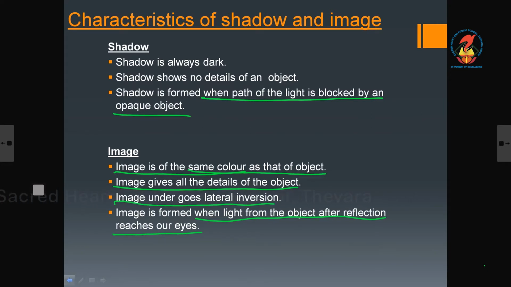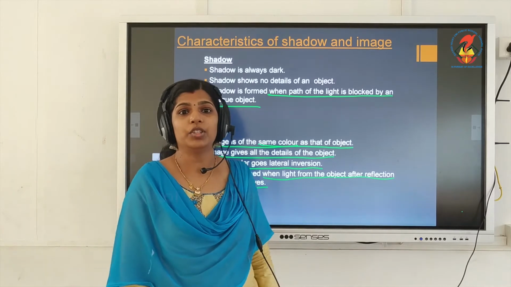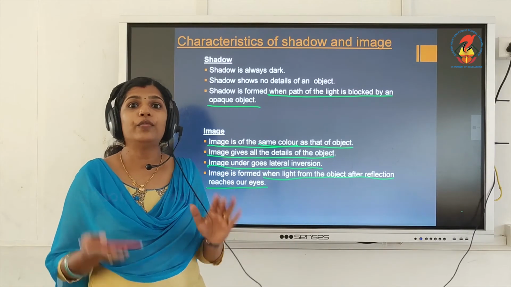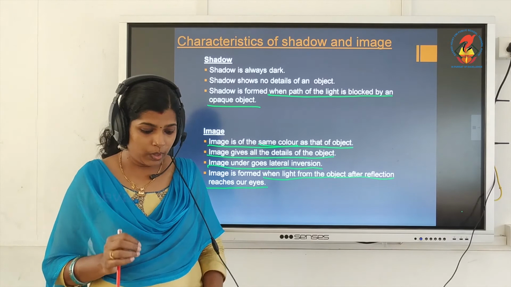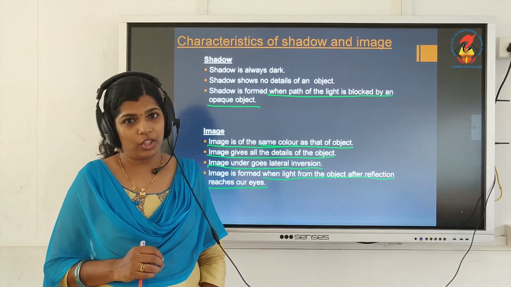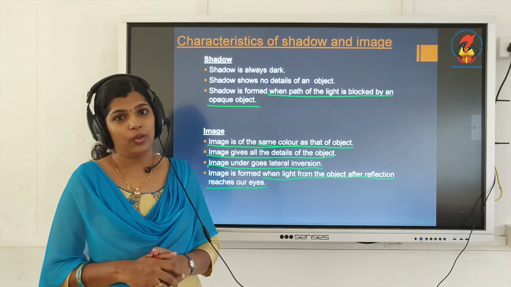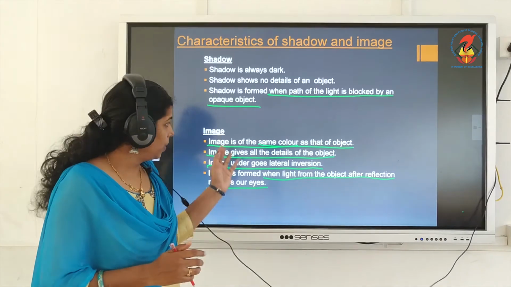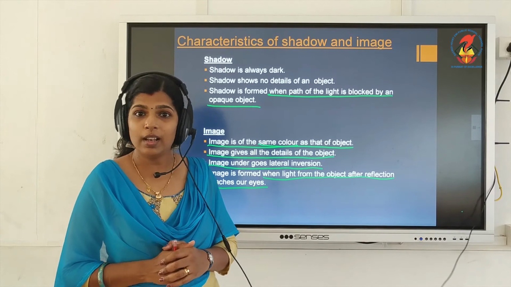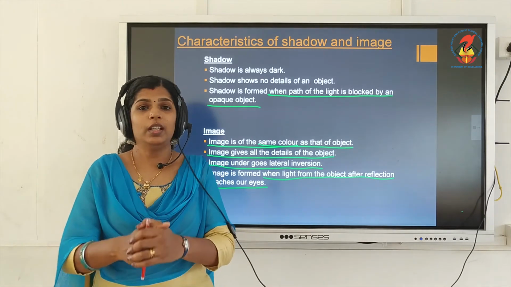Image undergoes lateral inversion. Lateral inversion means left-right reversal between the object and its image. That is known as lateral inversion. Suppose you are standing in front of a mirror.